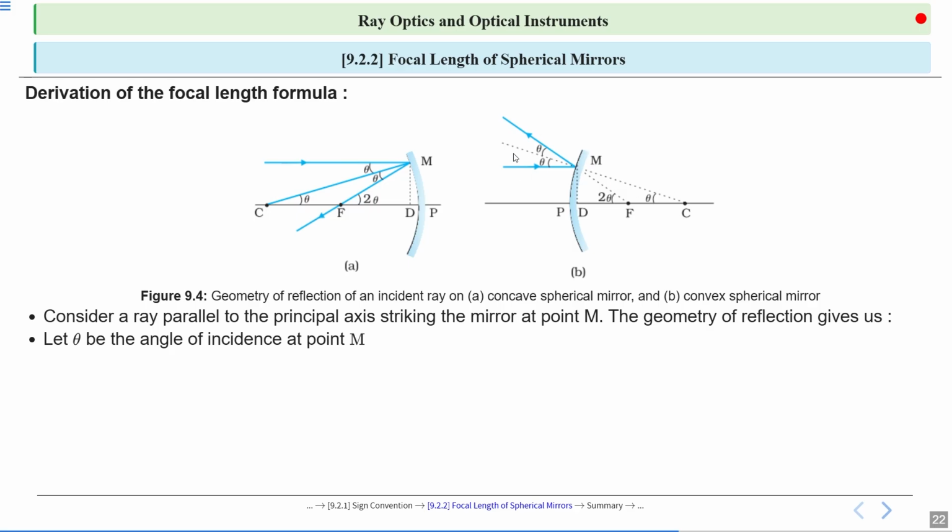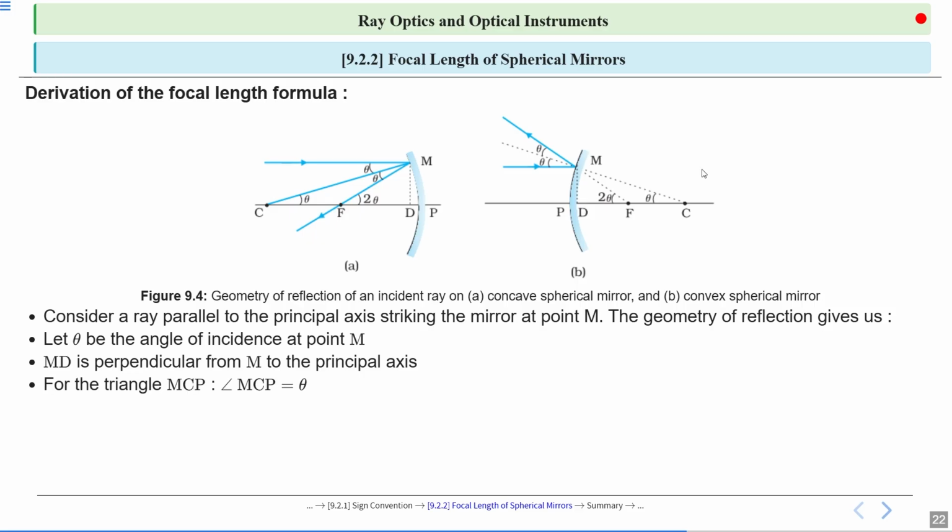Similarly for the other, this is the normal and this is the incident ray, so the angle between the incident ray and the normal will be theta. Let theta be the angle of incidence at point M. MD is the perpendicular from M to the principal axis at point D.